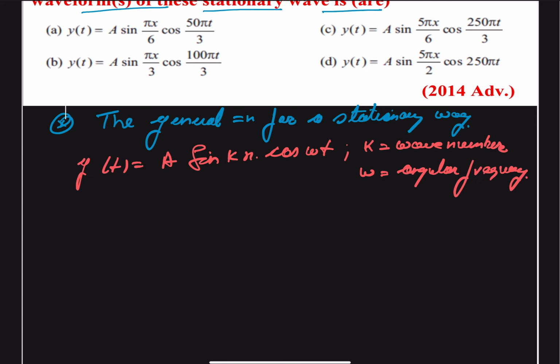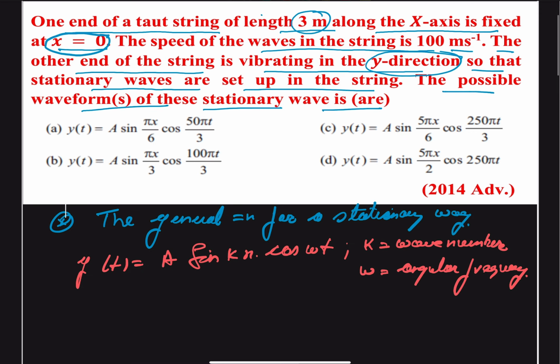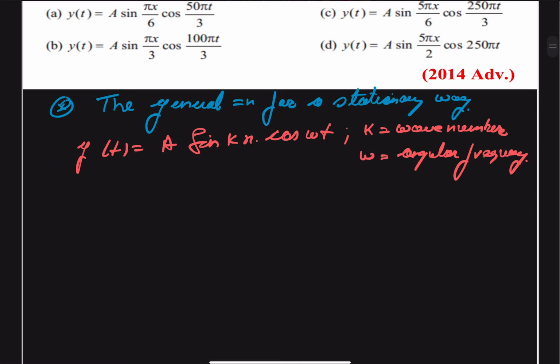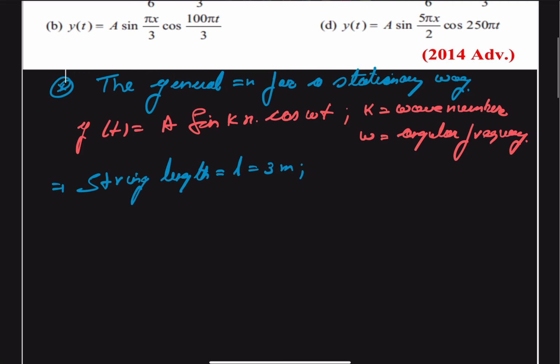And in the question it is given that the length of the string is 3 meter. So string length, if represented as L, is given as 3 meter, and it is fixed at x equals 0 and vibrating in the vertical direction at x equal to 3.